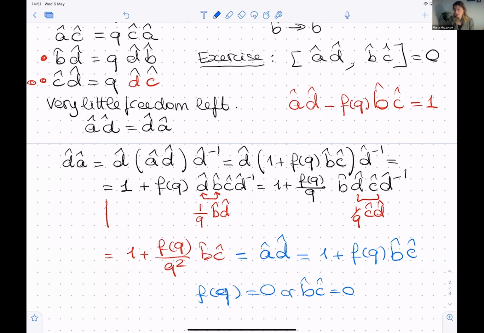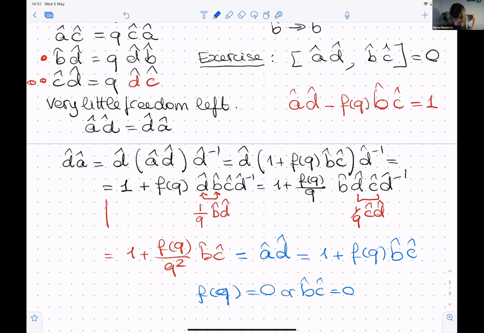Okay? And that's not good, because then we are putting to 0 some generators, which decreases the dimension of the quantum object with respect to the classical object, and therefore that is not allowed.